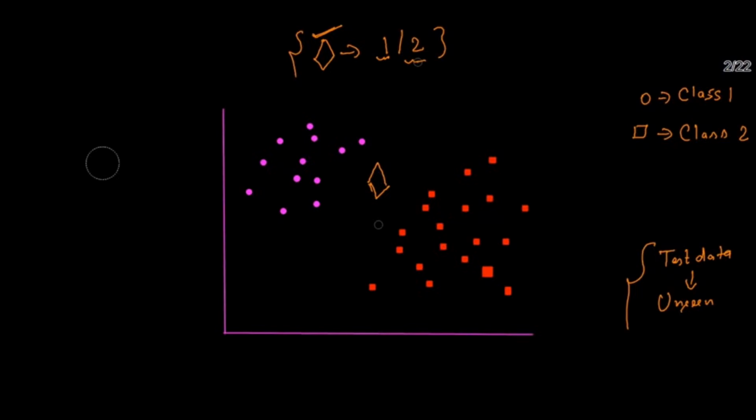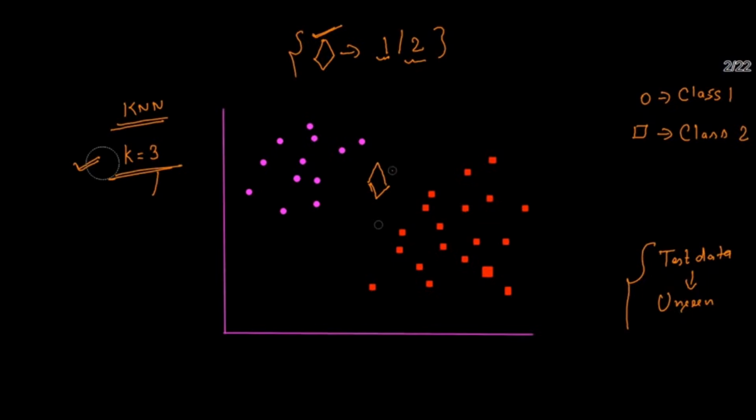So let's say you are going to use KNN over here to find which class this data point belongs to. Let's say I am going to assume k equals 3, just hypothetically. It means I am going to consider the 3 nearest neighbors to this data point.